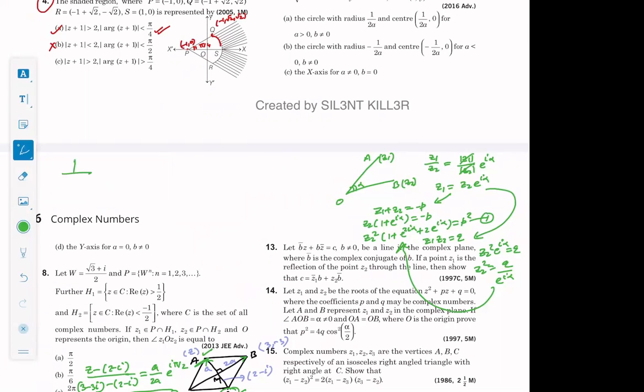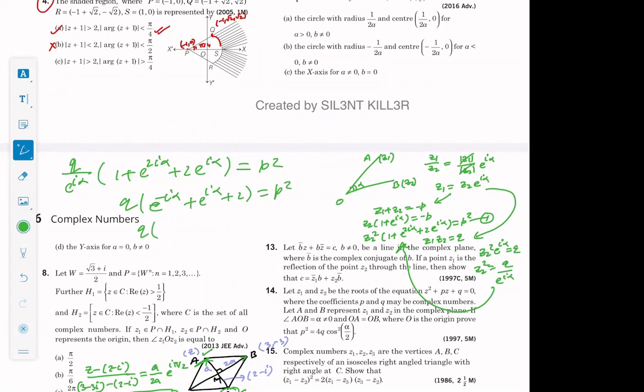So Q upon e to the power i alpha times (1 plus e to the power 2i alpha plus 2 e to the power i alpha) is equal to P square. If I divide by e to the power i alpha, I will get e to the power minus i alpha plus e to the power i alpha plus 2 is equal to P square.